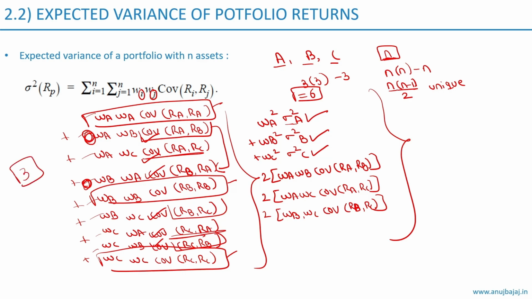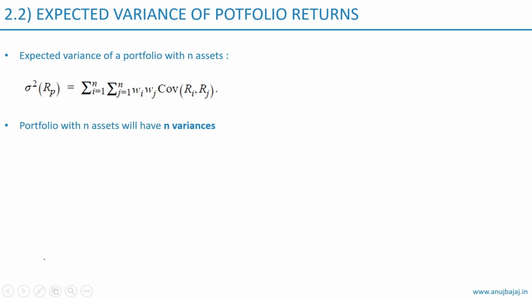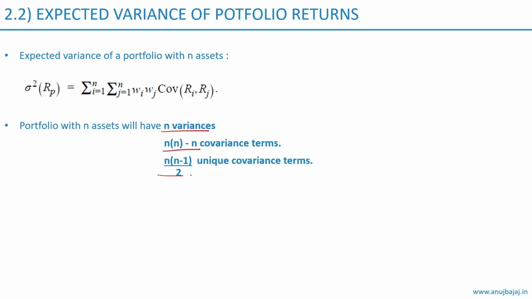In a 3 asset portfolio, the number of unique covariance terms is 3 multiplied by 2 divided by 2, which is 3. So in a portfolio with 20 assets, we will have 20 variance terms, 380 covariance terms and 190 unique covariance terms. So a portfolio with n assets will have n variances, these many covariance terms and these many unique covariance terms.